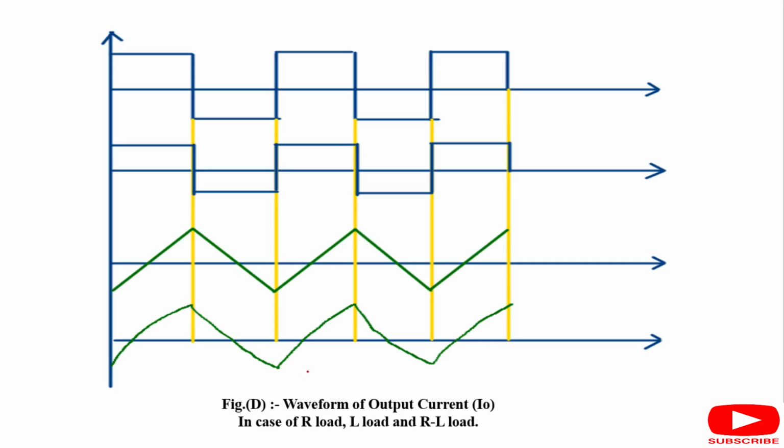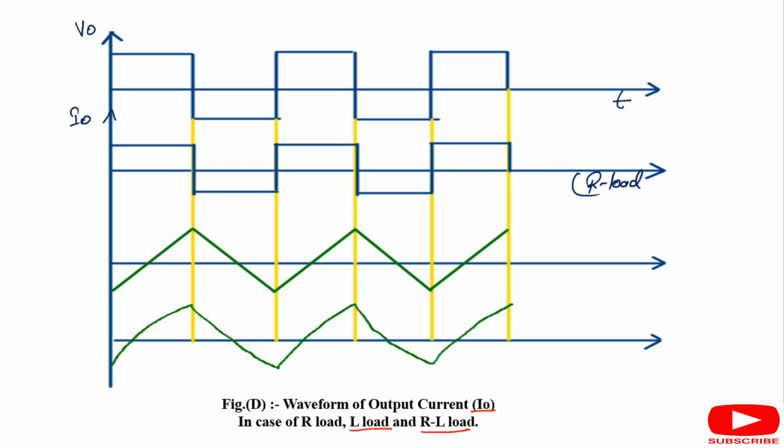Okay, let us draw the waveform of the output current in case of purely inductive load and RL load. Before plotting the waveform of output current in case of L load and RL load, first we will plot the waveform of the output voltage with respect to time and output current in case of purely resistive load.